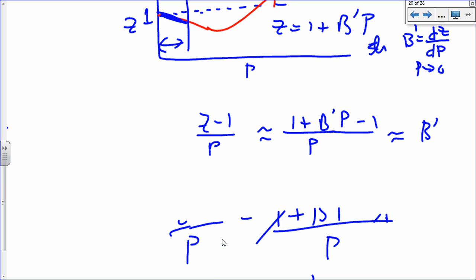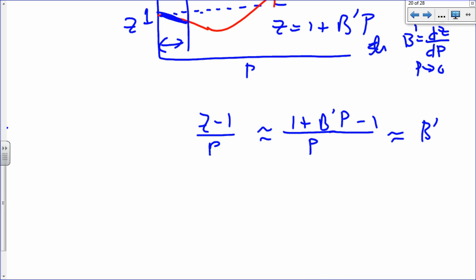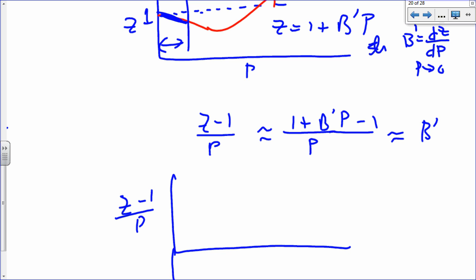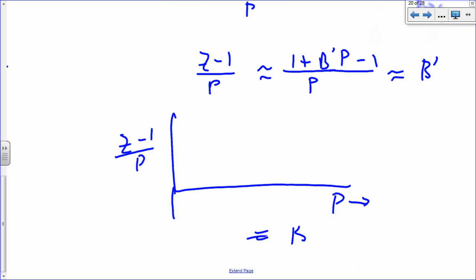So Z minus 1 over P versus pressure within that interval, is going to be like this.